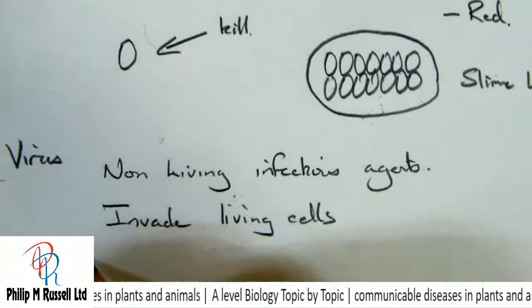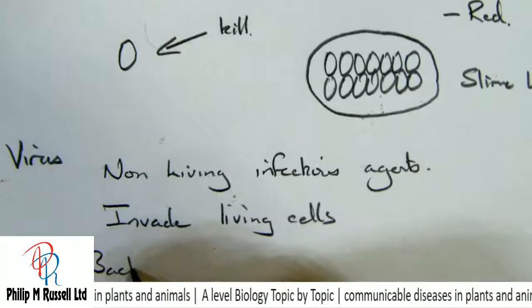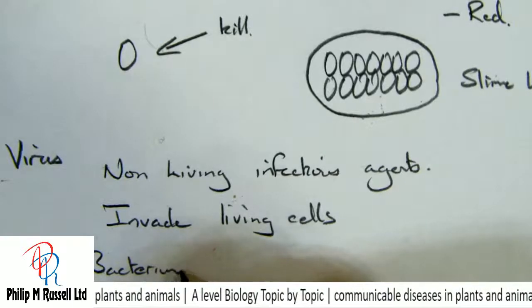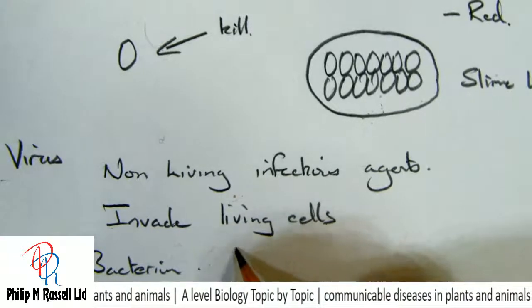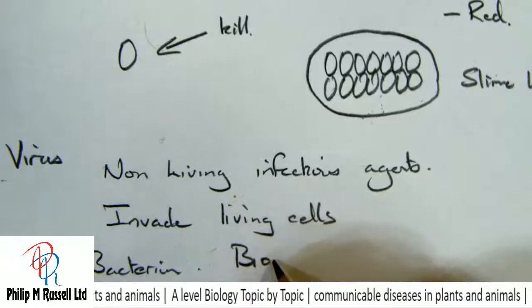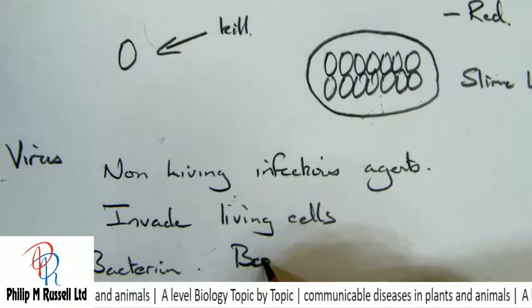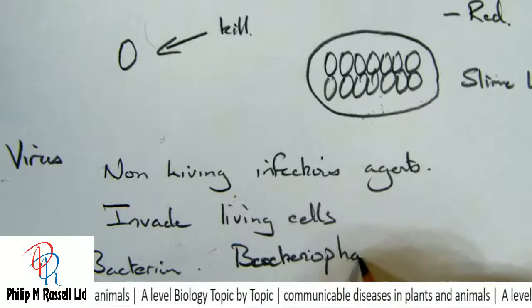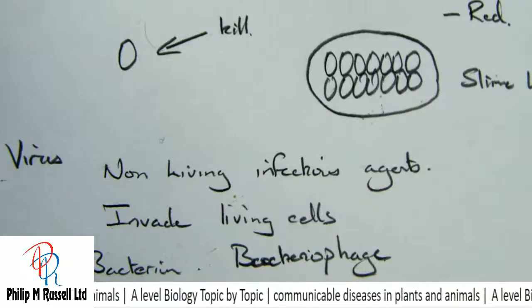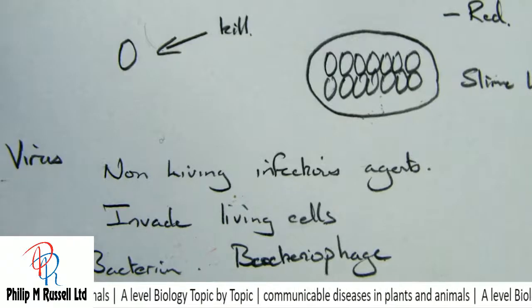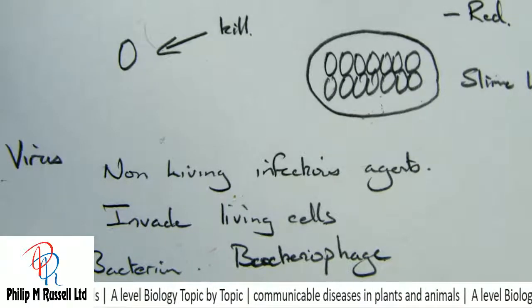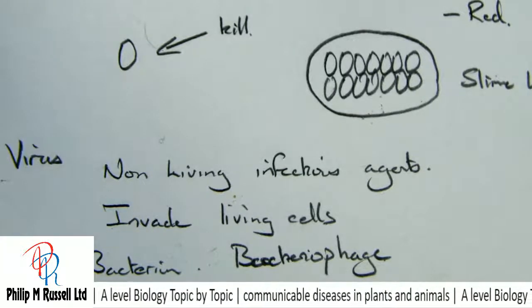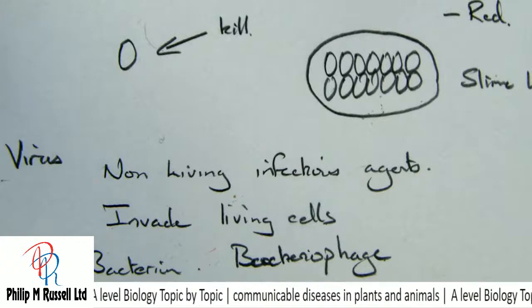If they invade a bacterium, then we would know this as, can't even think of the word, bacteriophage. They take over the bacterial cell and use it to replicate themselves, and they destroy the bacterium at the same time.